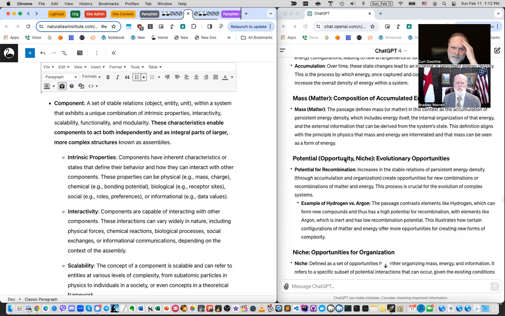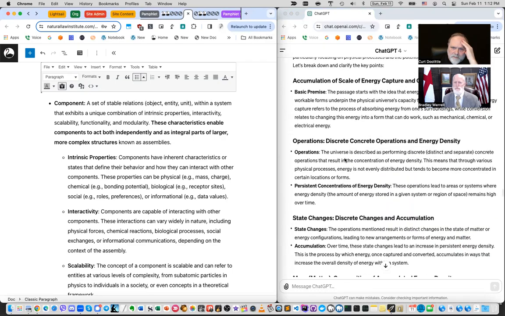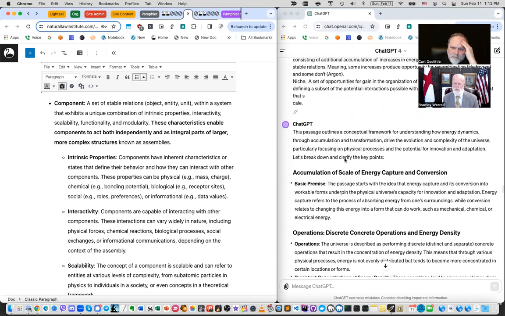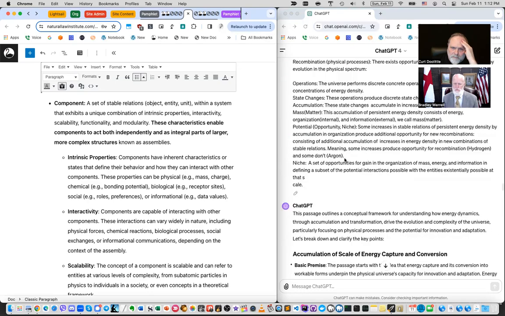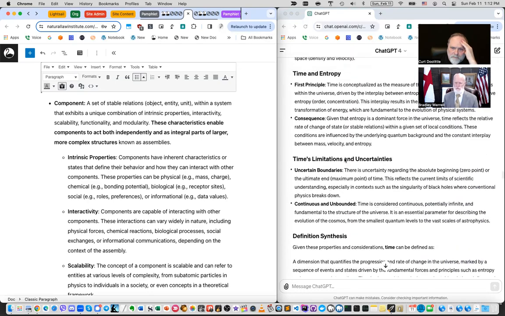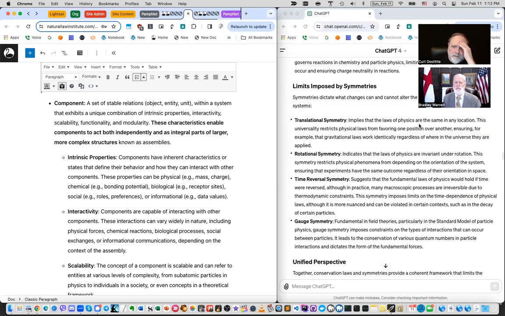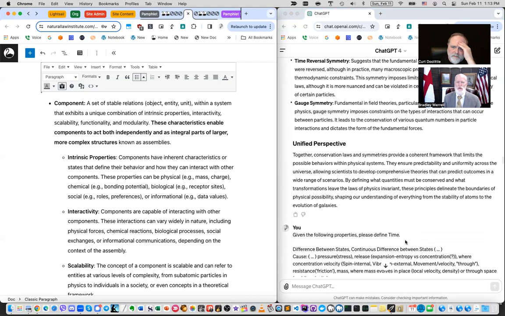Too many things in my head again. And any location under any rotation, regardless of time and regardless of change in the field. So it's regardless of context. It will perform the same functions given the same environment.